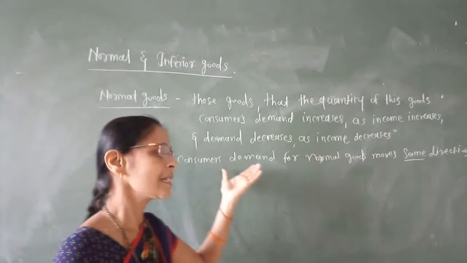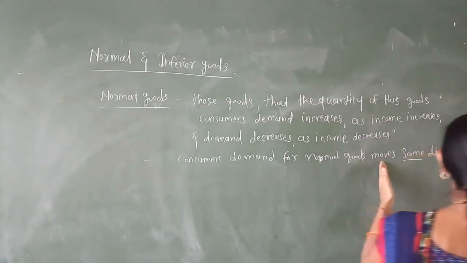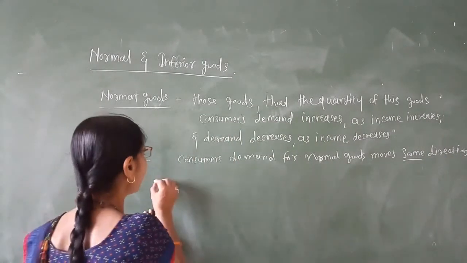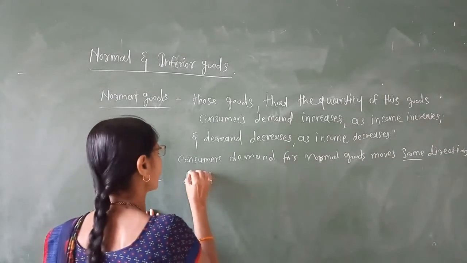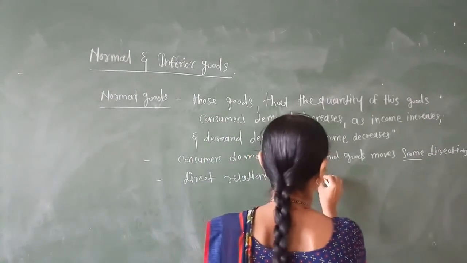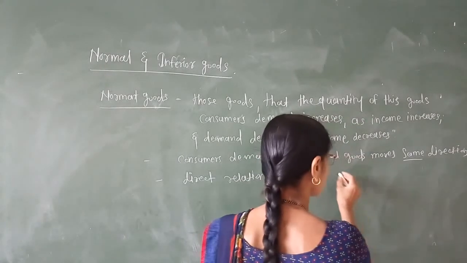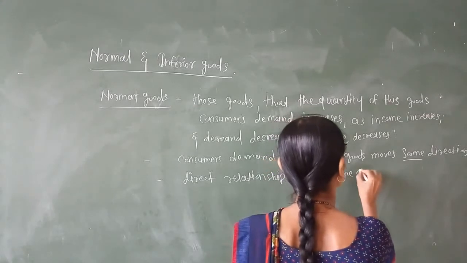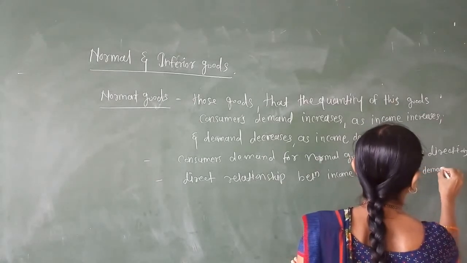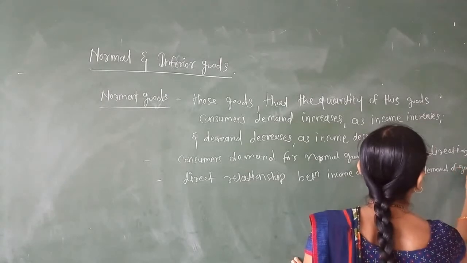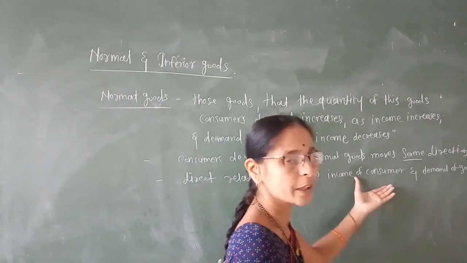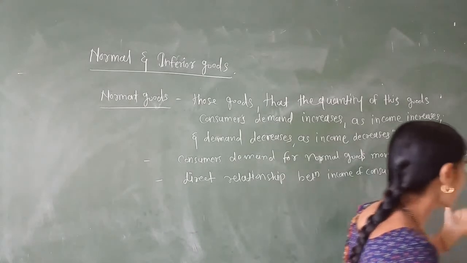So there is a direct relationship between the income of the consumer and the demand for normal goods.